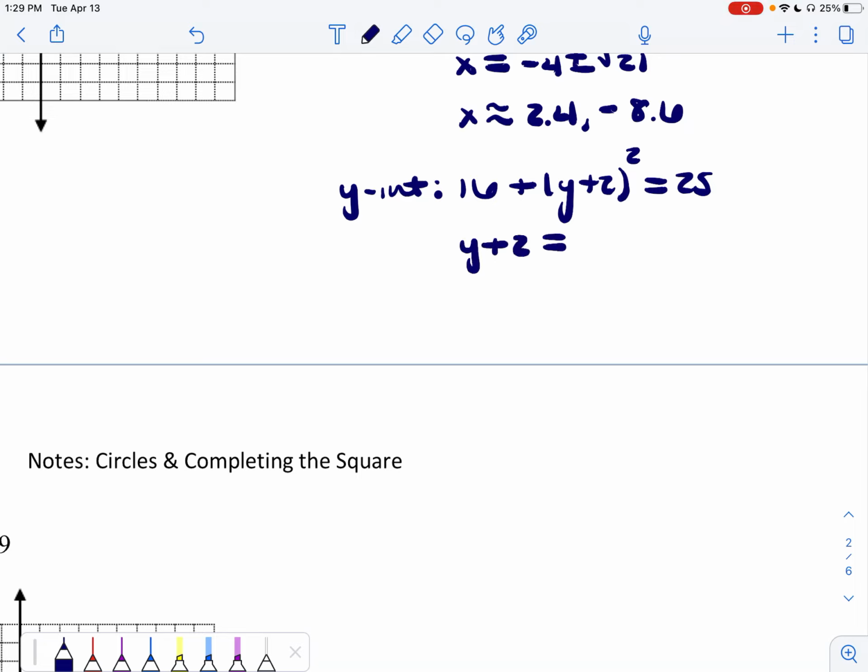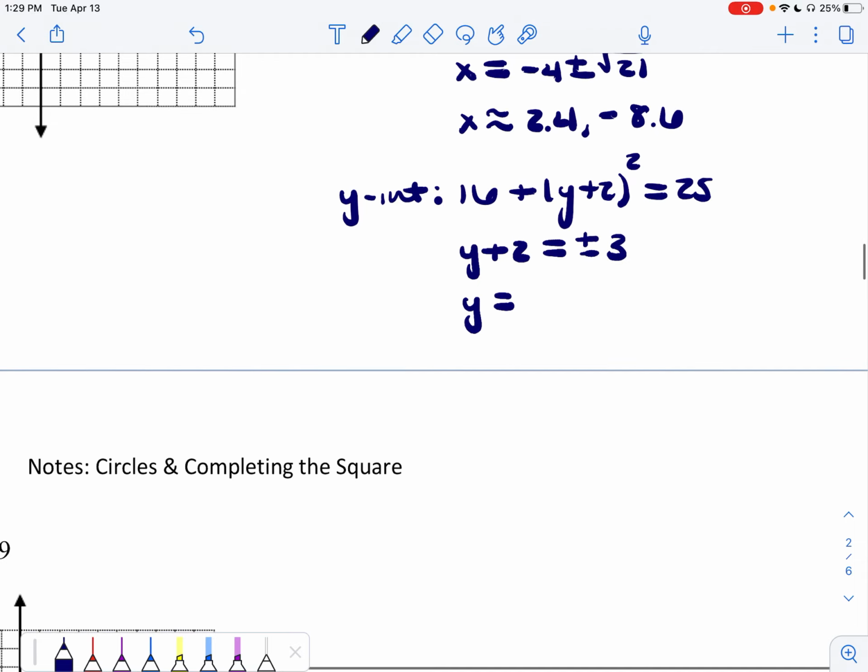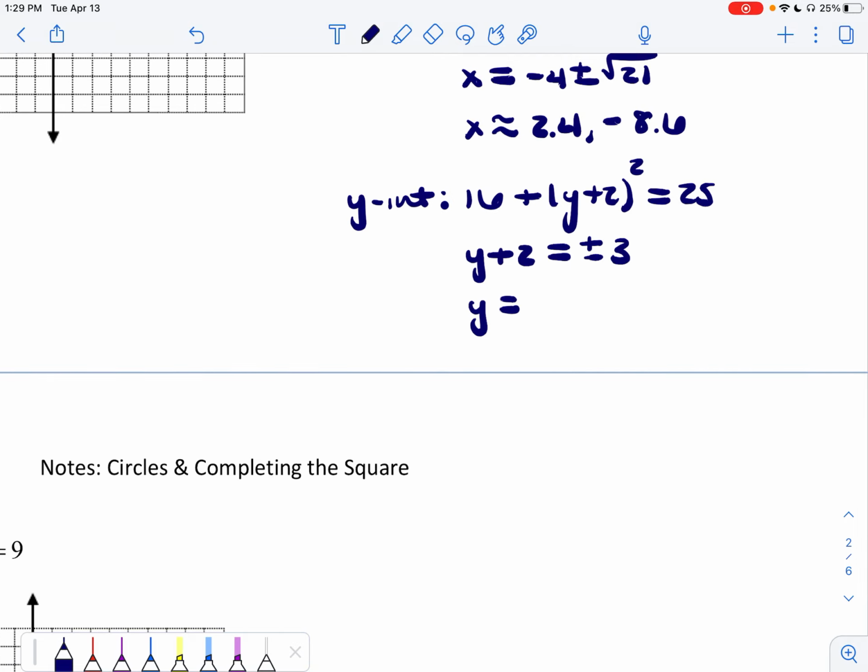So y plus 2 equals plus or minus 3, and then subtracting the 2 over, 3 minus 2 would give us a 1, and negative 3 minus 2 would give us a negative 5.